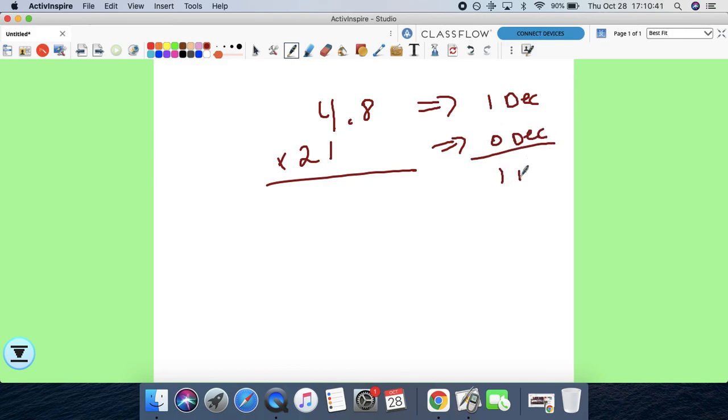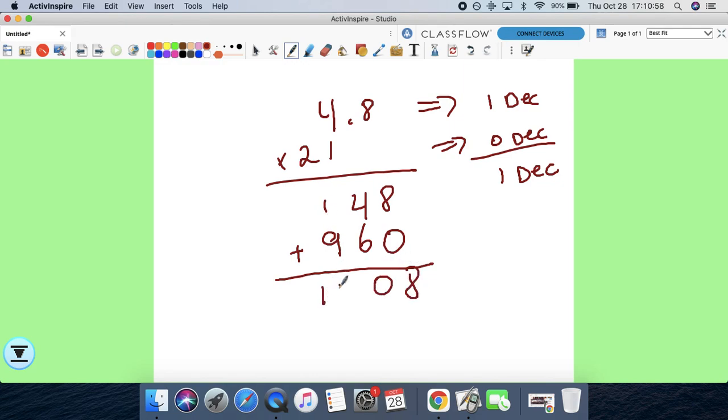So my answer is going to have 1 decimal. 1 times 8 is 8. 1 times 4 is 4. Let's put a 0. 2 times 8 is 16, carry 1, and 2 times 4 is 8, plus 1, 9. I'm going to add this up. 8, 10, carry 1, 10. Where do I put the decimal? Right here. So my final answer is 100.8.